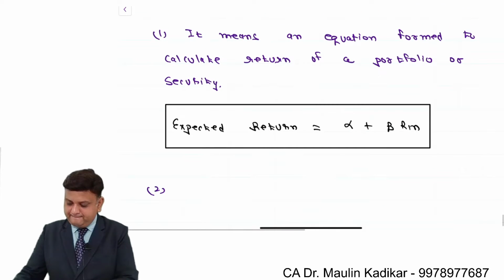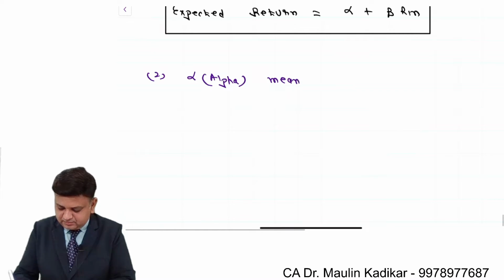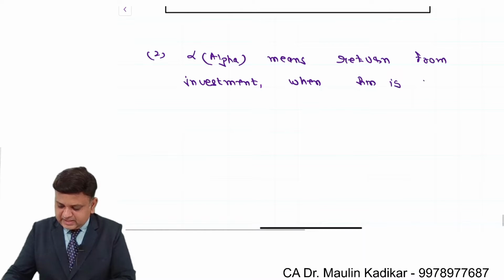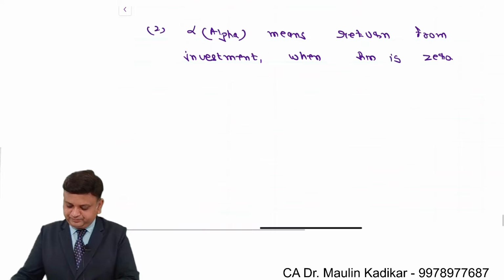Second point, alpha means return from investment, comma, when Rm is 0. Full stop.